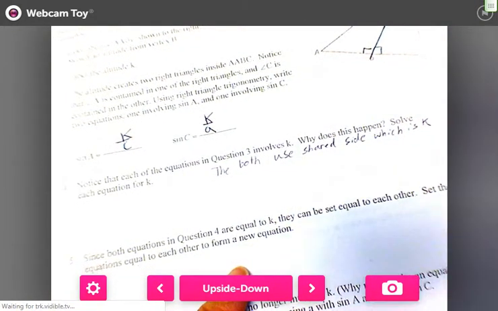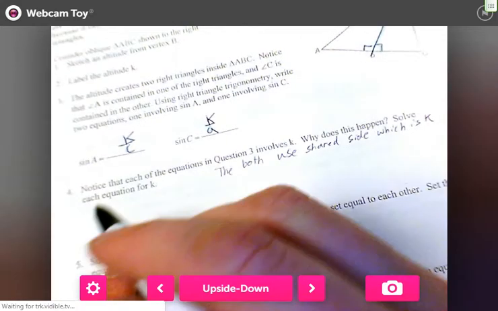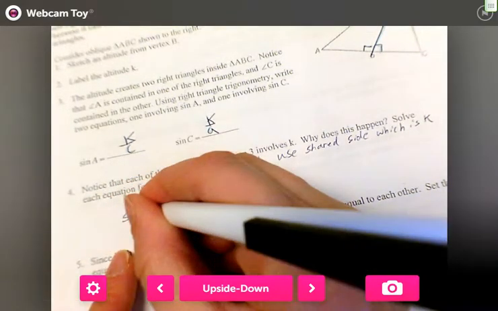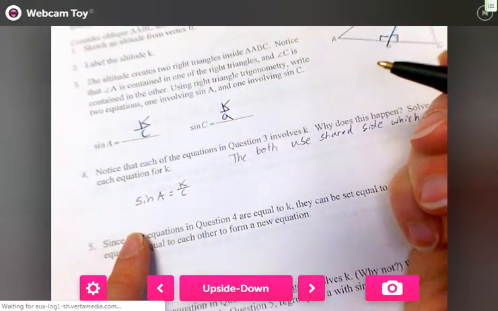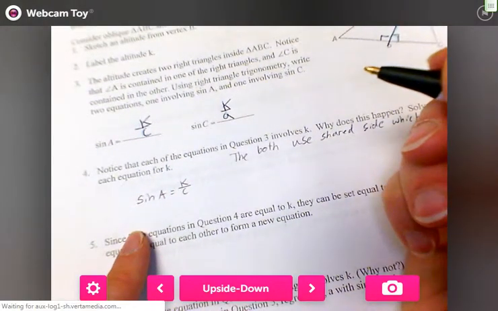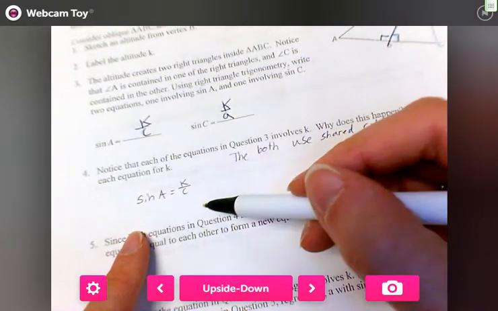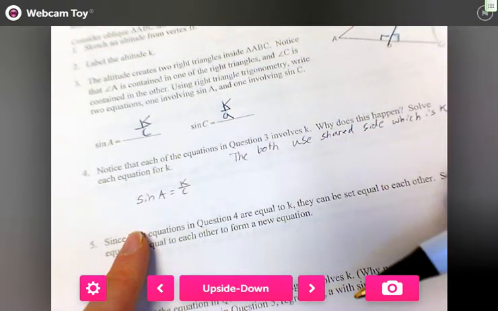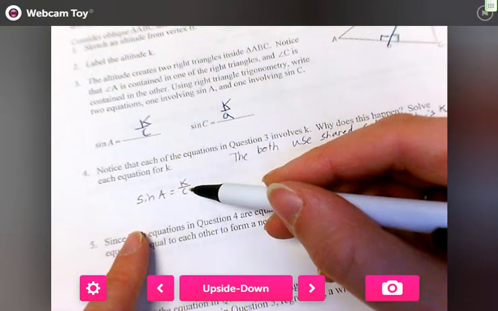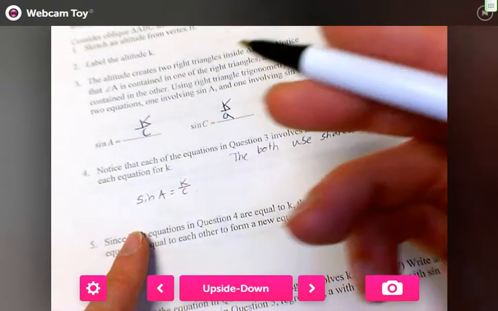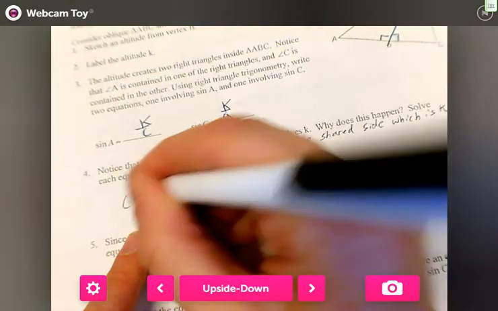Okay, now we're going to solve. So if we look at sine A equals K over c, I want to have K all by itself on one side. So what is with K on this side of the equal sign? That's c. And it's being divided. What's the opposite of division? Multiplication. So we multiply both sides by c, and those cancel.